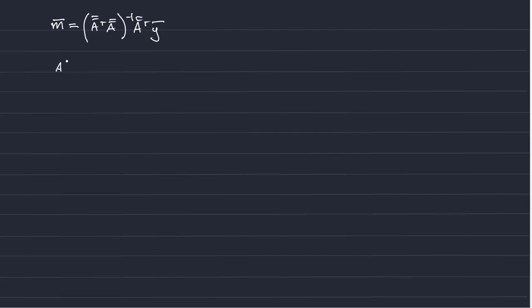Let's look at A transpose A. A transpose was a row of ones and a row of our x values, and A was a column of ones and our values of x in the next column.